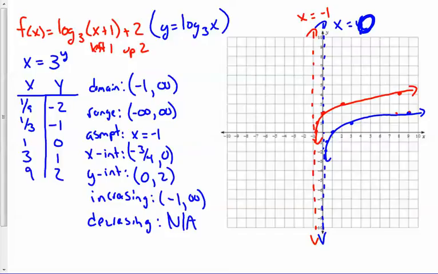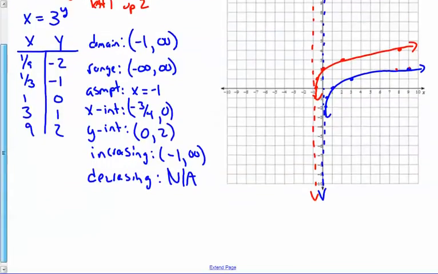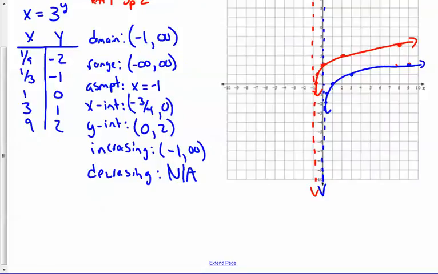NA. And let's talk about its end behavior. So x approaches, but it doesn't approach negative infinity. X does not approach negative infinity. X approaches -1. As x approaches -1, the y values approach negative infinity.